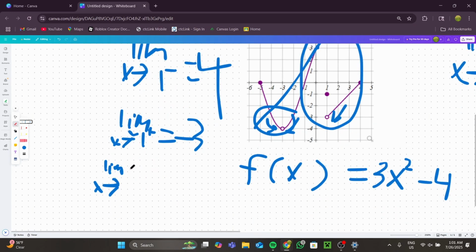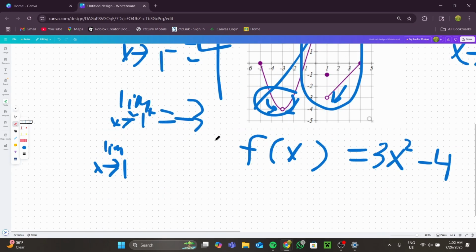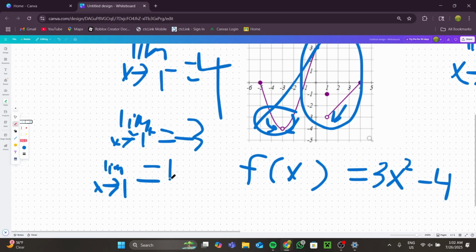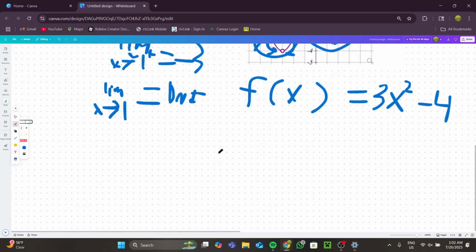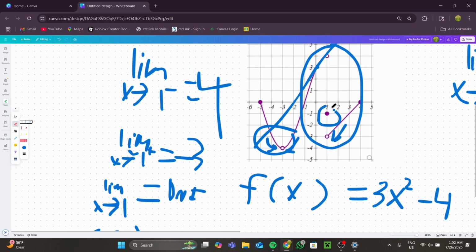So if it doesn't have the plus or minus, then it's simply what it's approaching, the limit itself. So here the limit would not exist, d and e do not exist. But f of 1 would exist because right here, that's where it is. That's what f of 1 is.